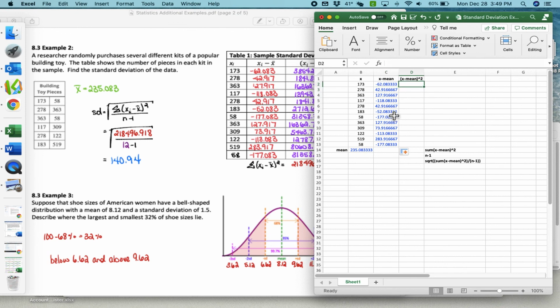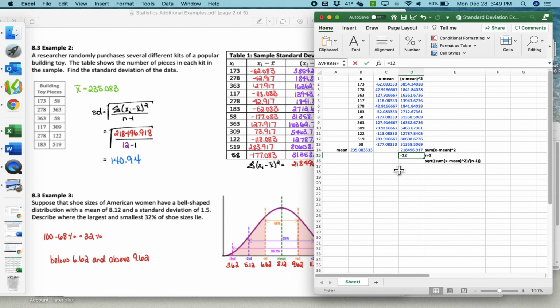And then we'll take each of these numbers here and square them. So I'm going to say equals, and in parentheses, select this cell and square it. And then I can drag that down. Then here we want the sum of all these numbers. There it is. N minus 1, we said there were 12 of these.